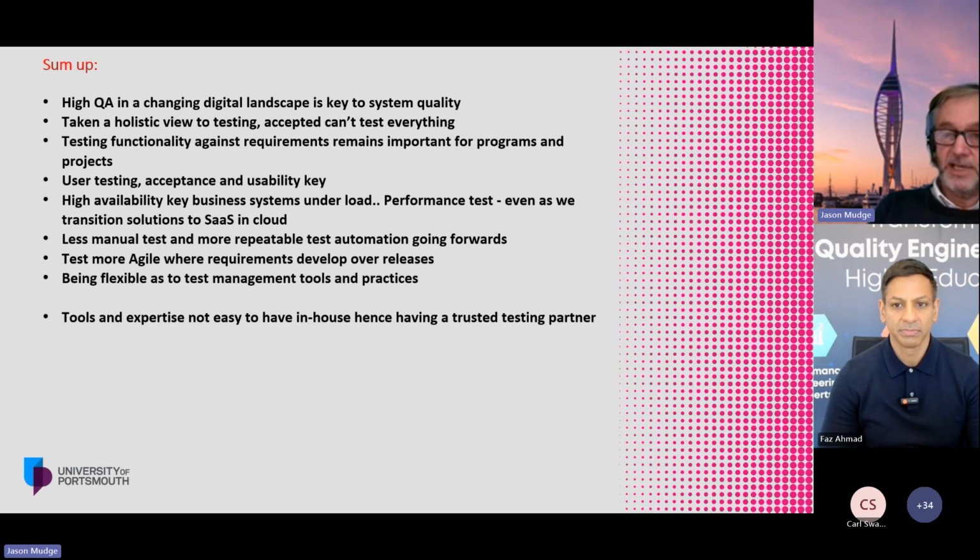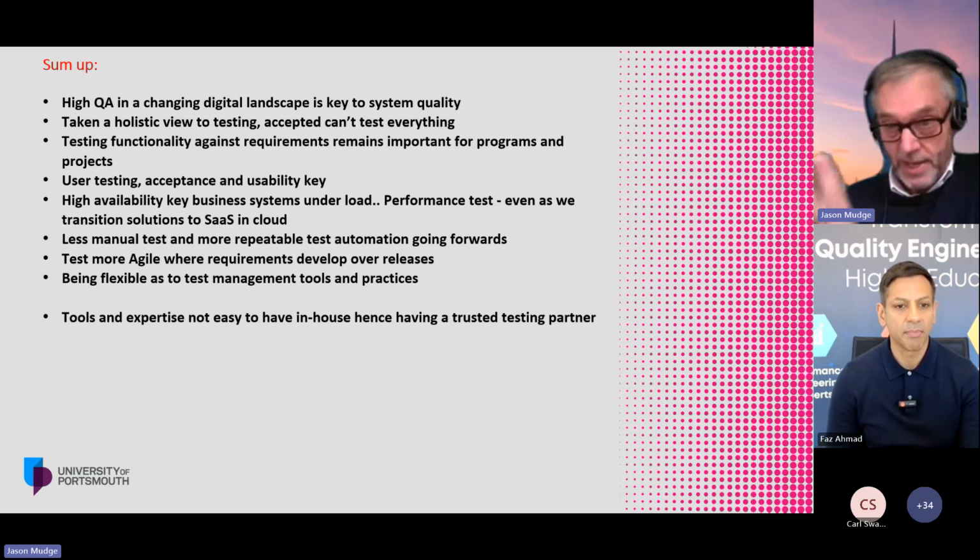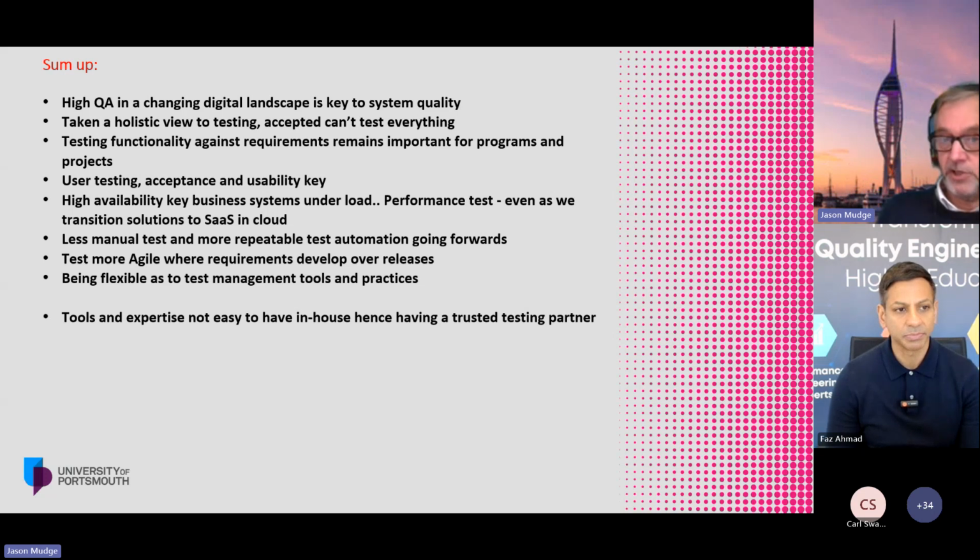We're using less and less static test management tools, and we're working more and more agile, more and more working with projects on Kanban boards, designing testing that's iterative in nature, really trying to get away from this testing at the end, this old-fashioned waterfall view of the world.